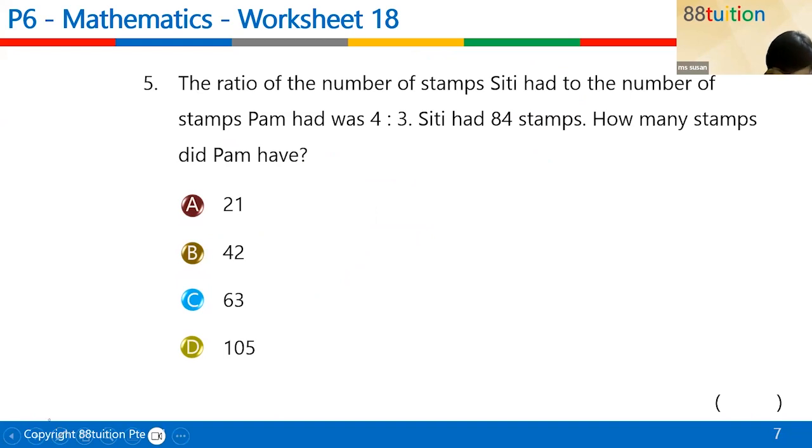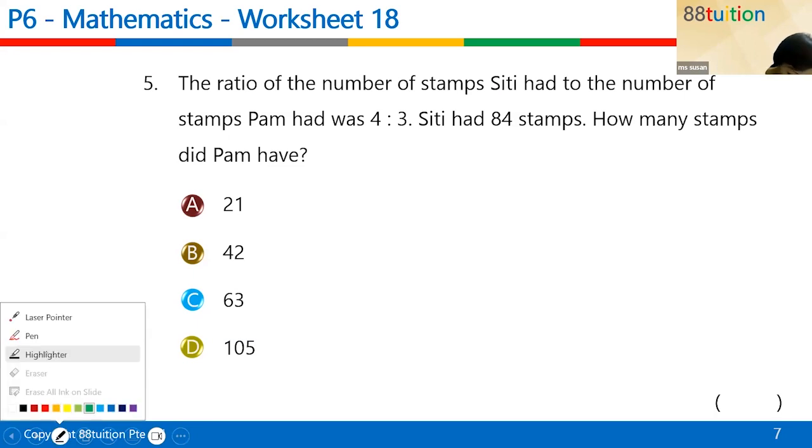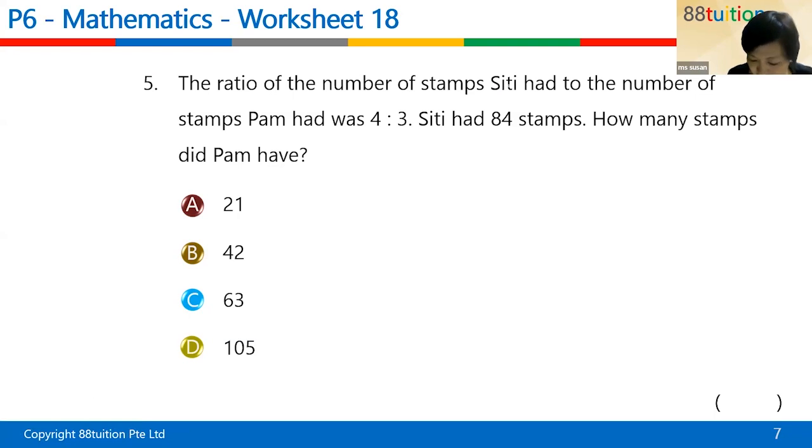The question says, the ratio of the number of stems that Siti has to the number of stems that Pam has was 4:3. So now he talks about Siti and talks about Pam. So this is Siti and this is Pam.